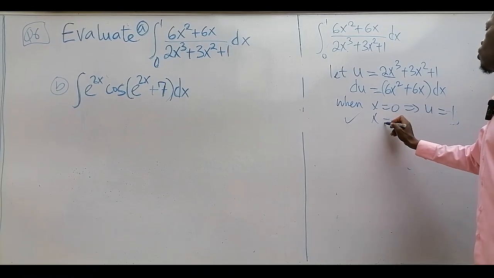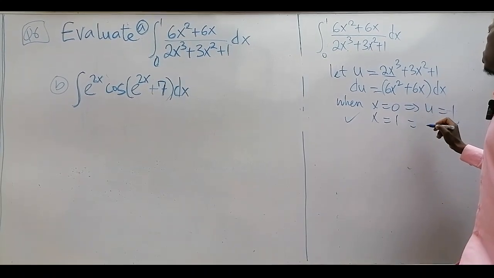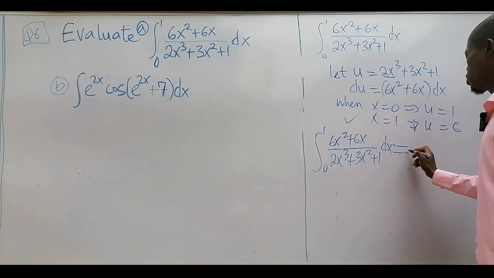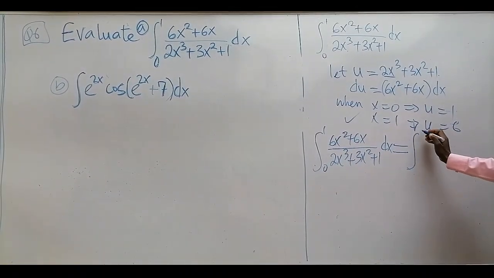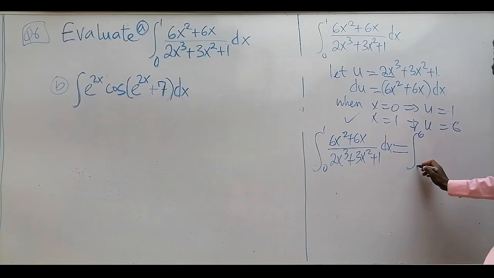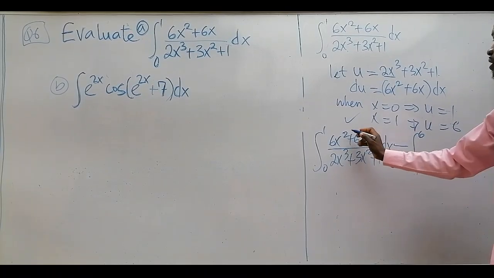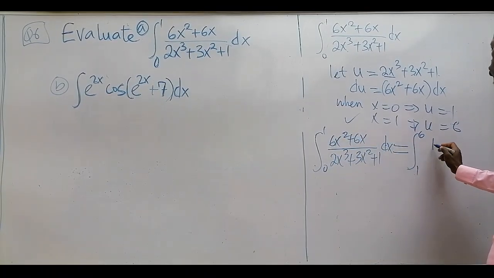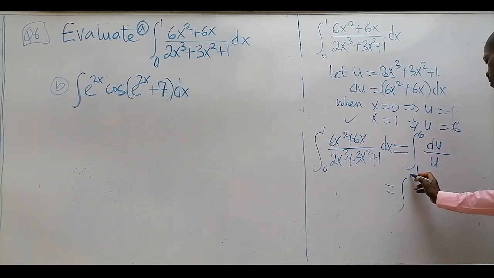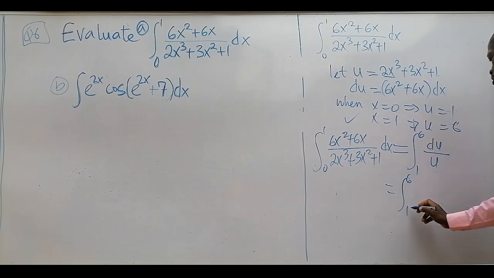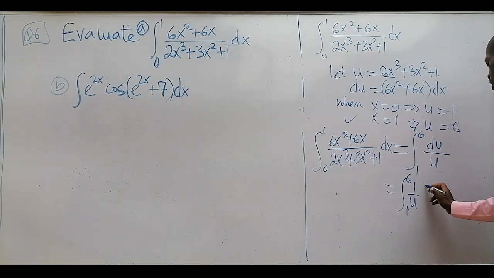Also, when x is 1, u will be 6. So now this is in form of x, we change it to the form of u. So the upper limit will be 6, lower limit will be 1. Then we have the integral from 1 to 6 of 1 over u, du.